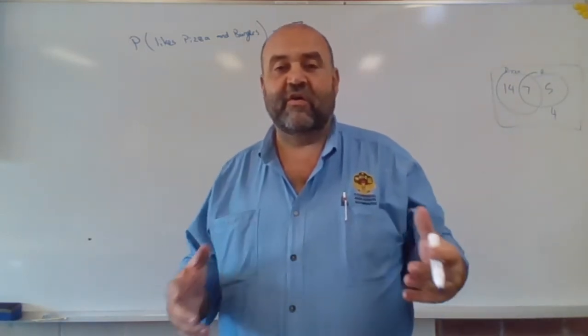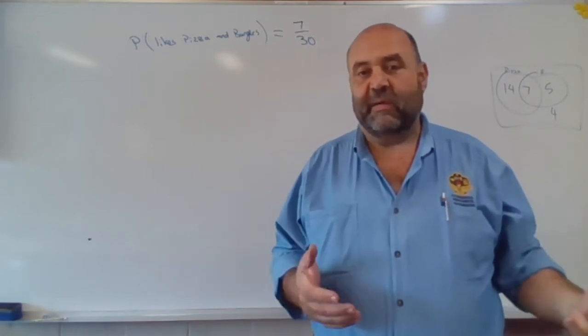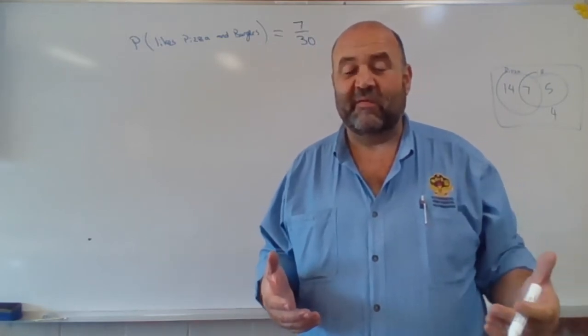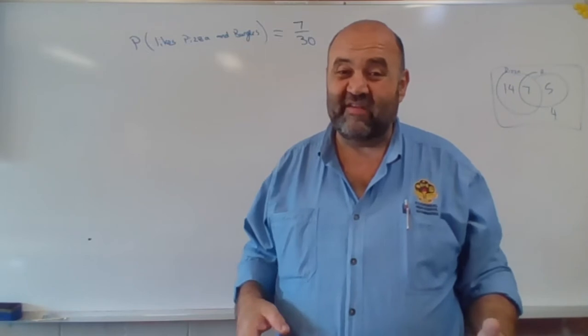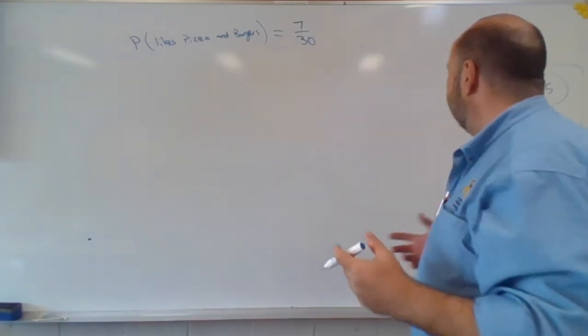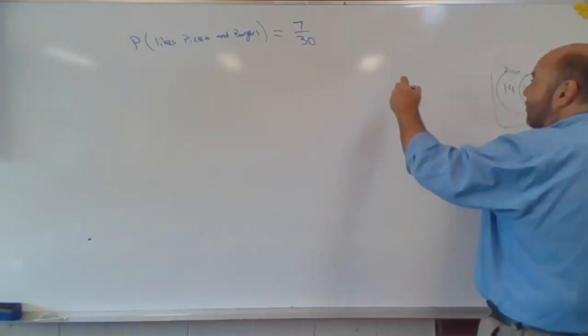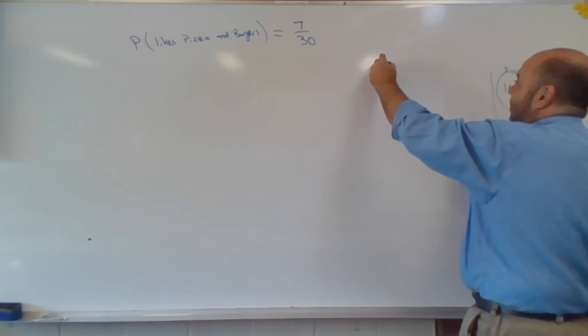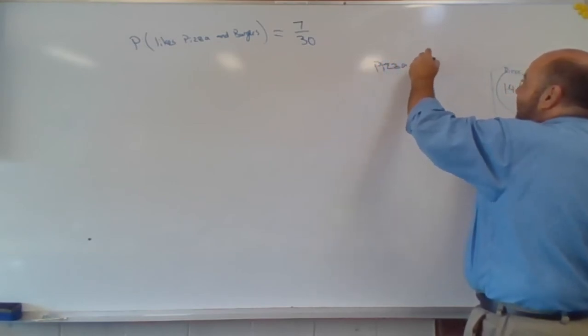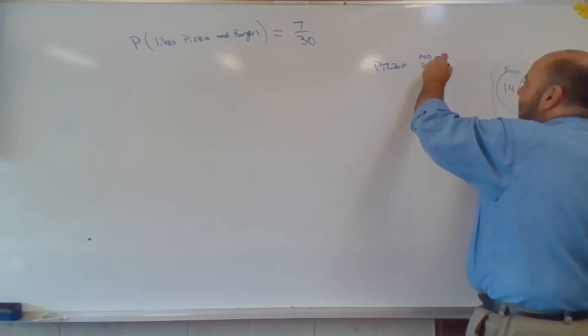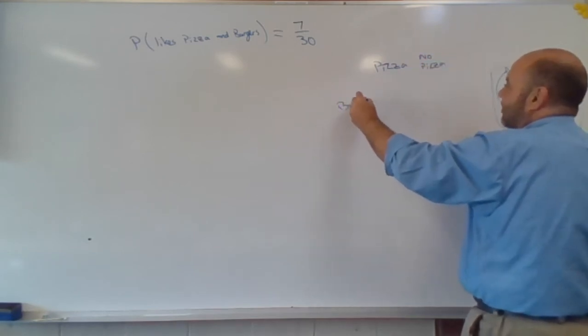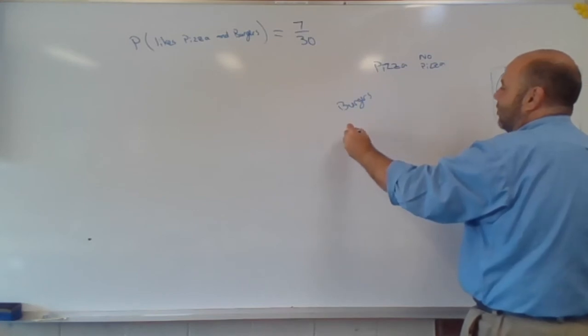Okay. The Venn diagram makes it easy for us to be able to see those numbers. Even easier with the two-way table. Let me really quickly reproduce the two-way table. So remember we had liking pizza or no pizza, liking burgers or no burgers.